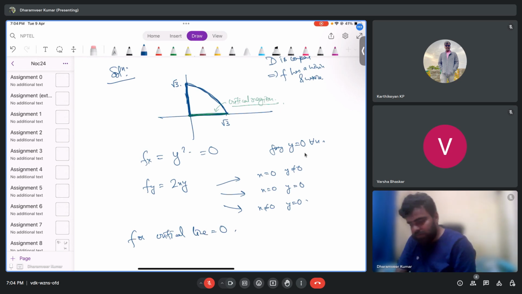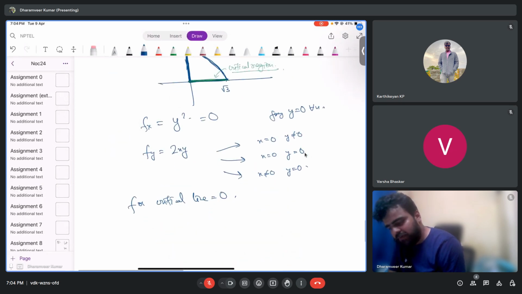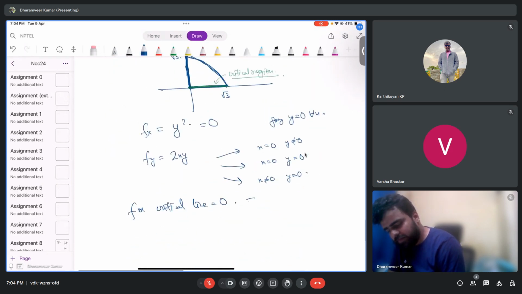And definitely if you take any positive function, it will be positive. But x y square is always positive.